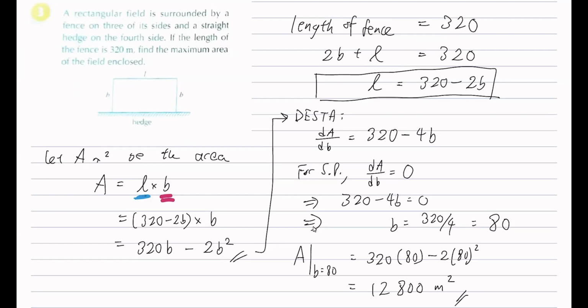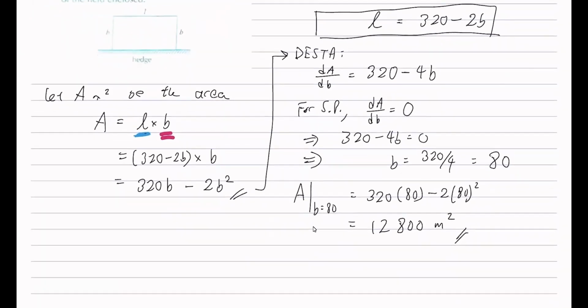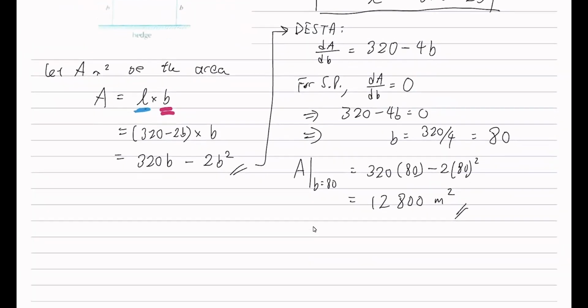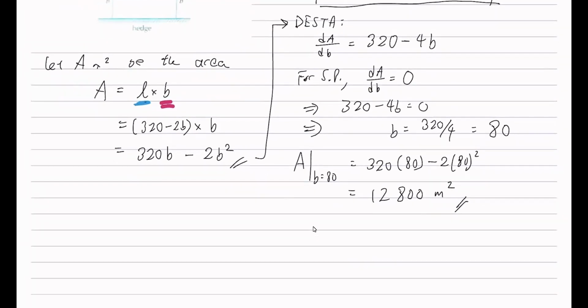But how do you know for sure it is a maximum? dA by dB equals 0 works for three possibilities: maximum area, minimum area, or a point of inflection. So we must move on to test the nature of the point, through the table method, right? So what do we do? Since you already know how to do the first derivative test with the table, I'll just do the second derivative test instead, and it's a lot simpler.